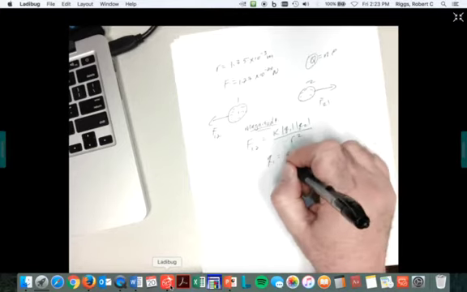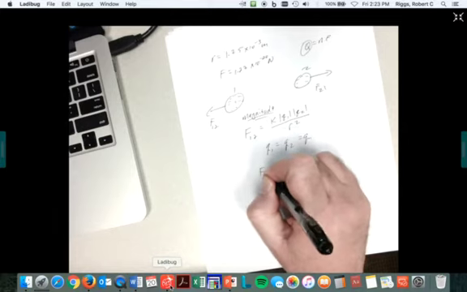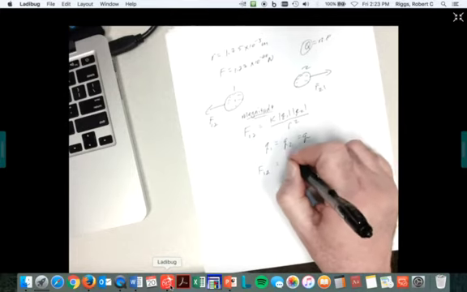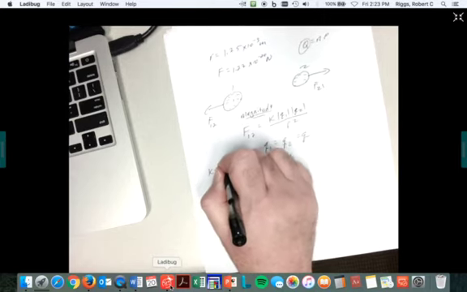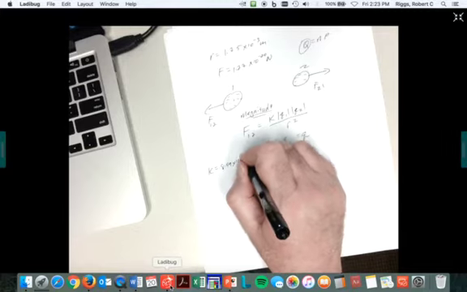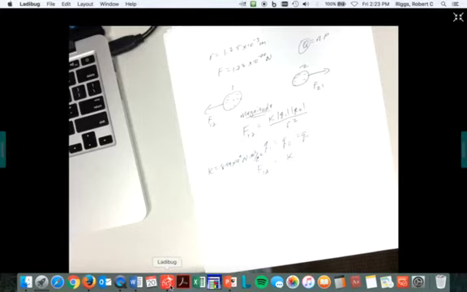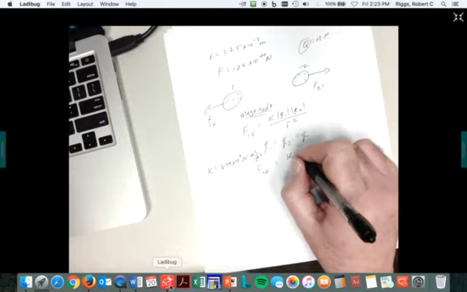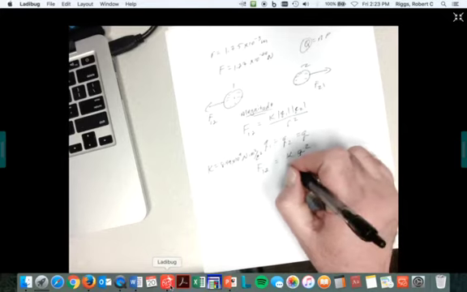So Q1 equals Q2, which equals Q. So F of 1 on 2 is equal to K, which is 8.99 times 10 to the 9th newtons meters squared per coulomb squared, times Q squared, I'll just drop the absolute value signs, divided by R squared.